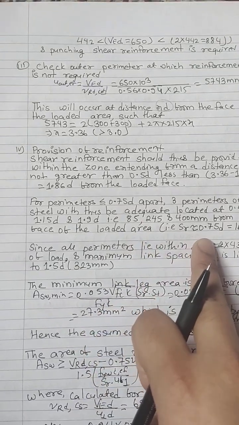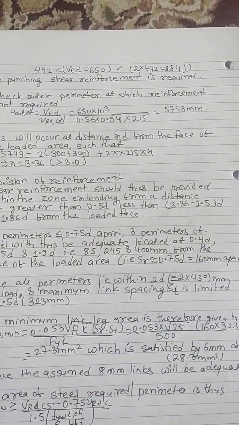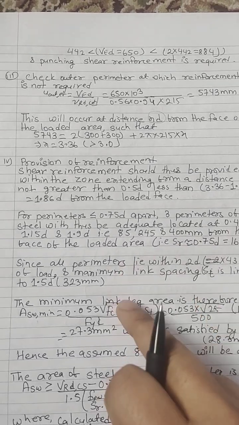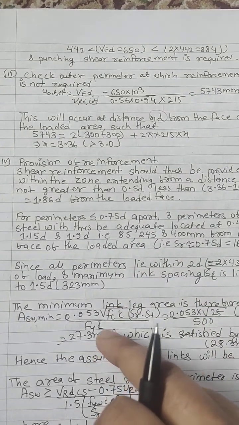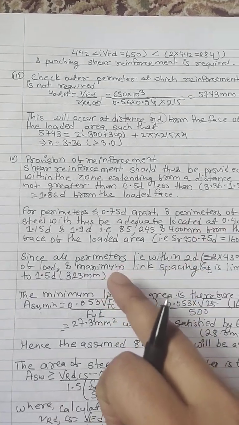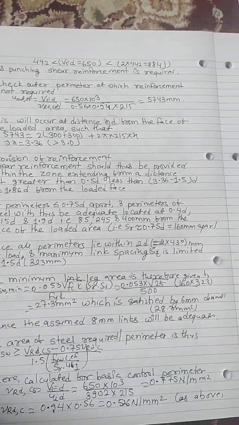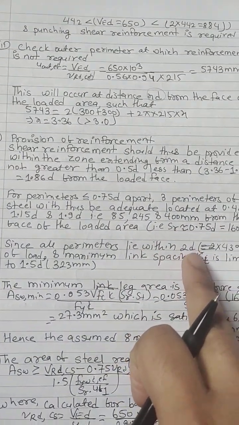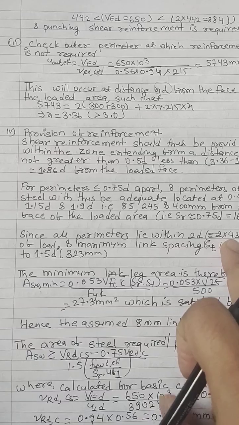So yes, this is the tangential spacing of links around the perimeter. Since the perimeter lies within 2d, 2d means 430.